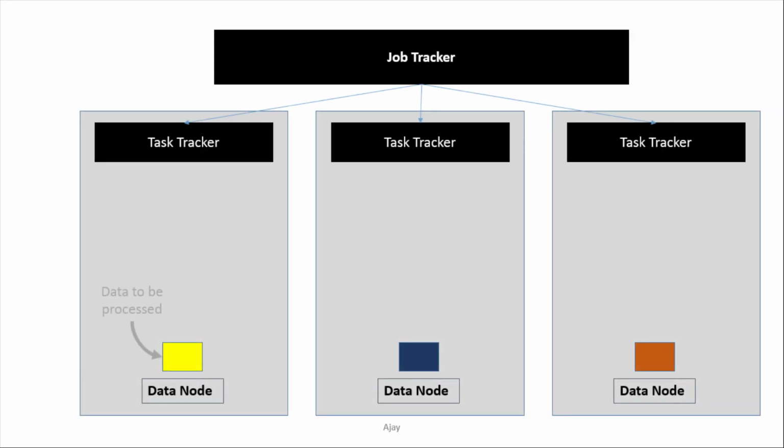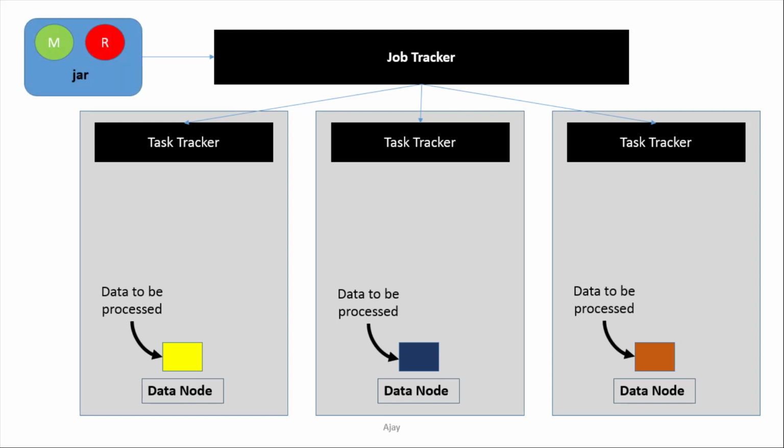Let's assume that the student's data for processing is distributed among 3 data nodes. The data is represented by 3 different colors: yellow, blue and brown. When a user submits a MapReduce code for execution, it is first sent to the job tracker.